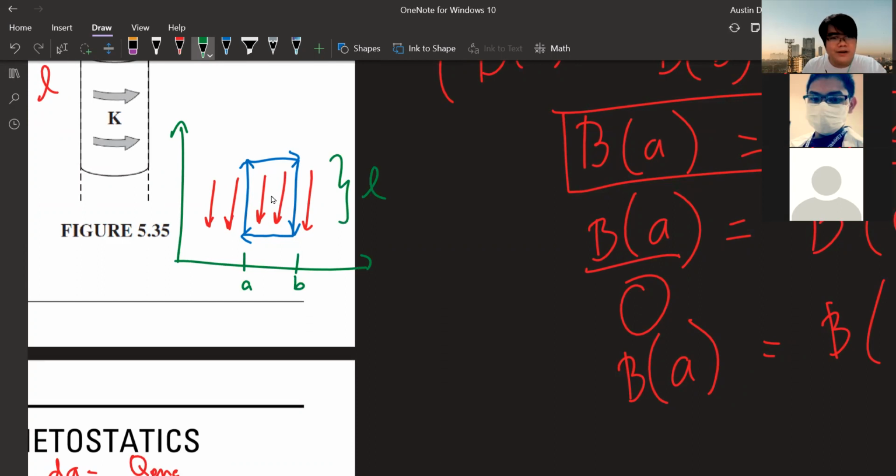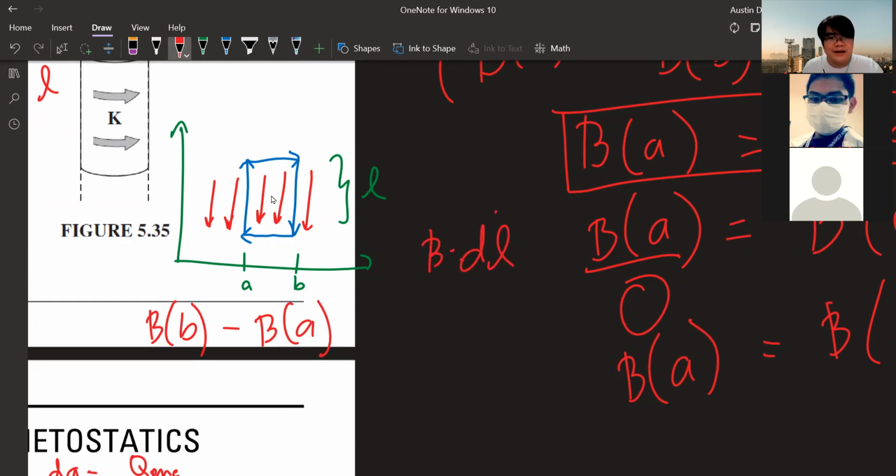So what happens here if you try to do this is that B is positive, kasi B.dl yung prescription mo.